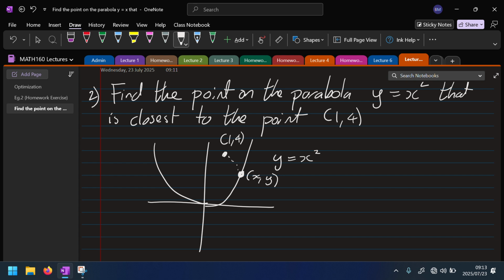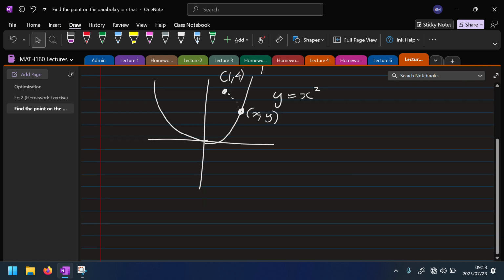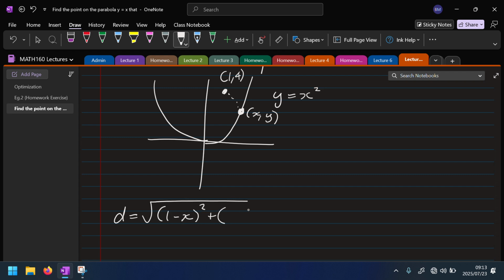So the distance of that dotted line, we want to find a function for that and minimize. Well, that's just the distance formula, right? So the distance, d, is going to be the root of (1 minus x) squared plus (4 minus y) squared. Right, that's just your normal distance formula. If you didn't know that, you're in trouble.